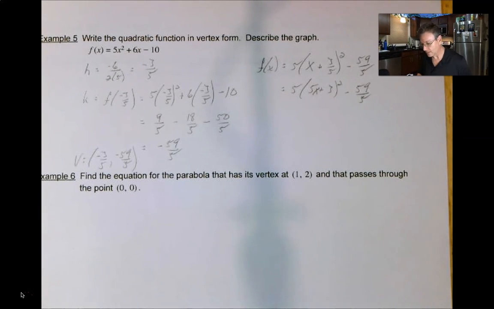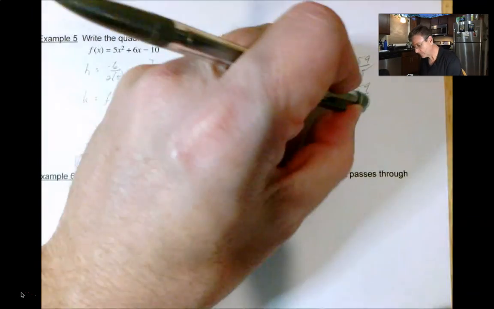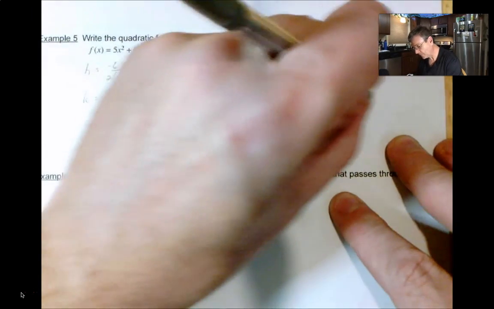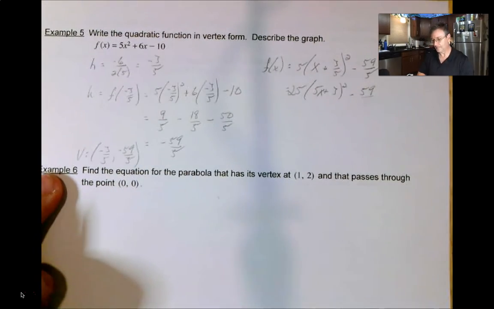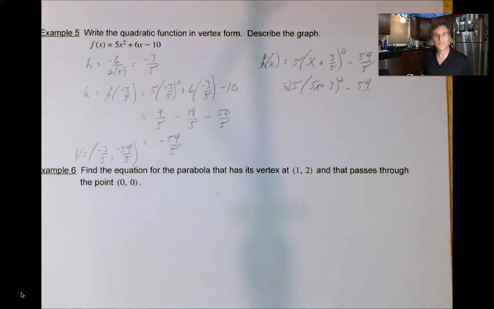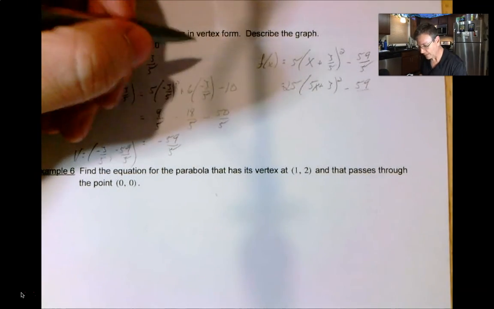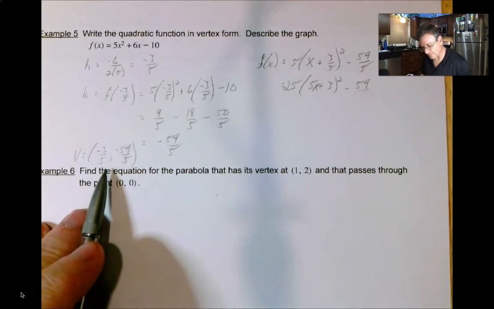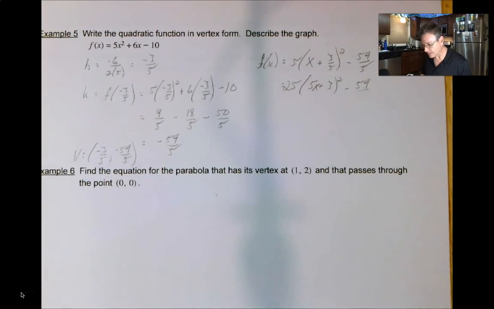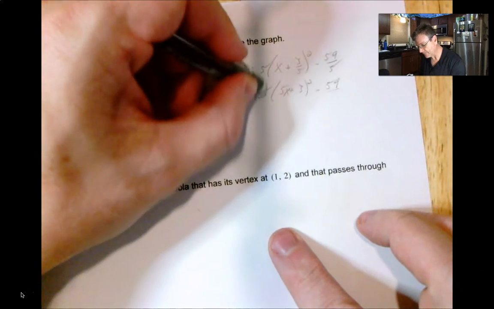Or 25, 59 fifths. All right, our vertex, we already have, now I'm going to leave this then.